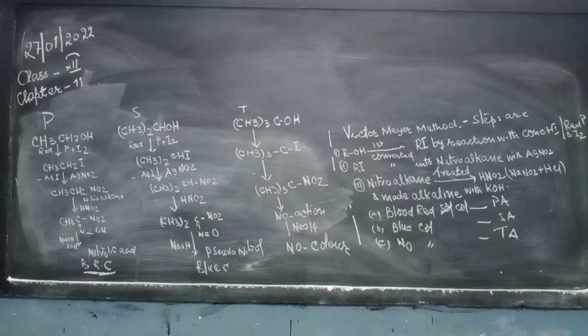This test is based on the reactivity of primary, secondary and tertiary alcohol towards HCl. On what factor is it based? It is based on the reactivity of primary, secondary and tertiary alcohol towards HCl. The order of reactivity is tertiary, secondary and primary.